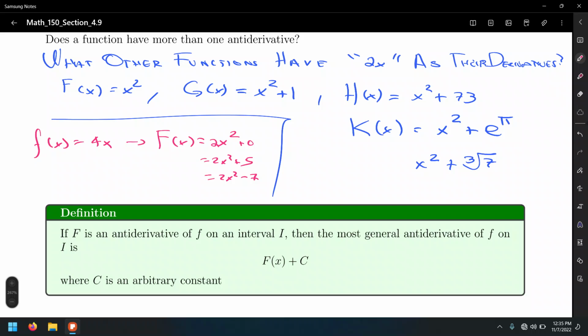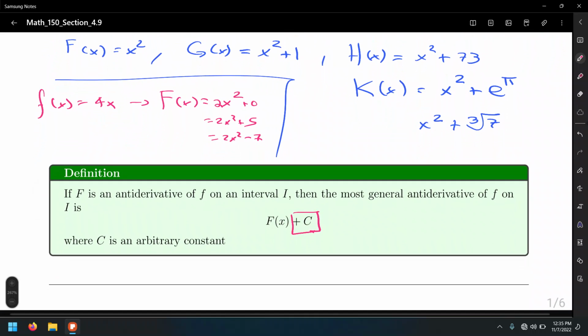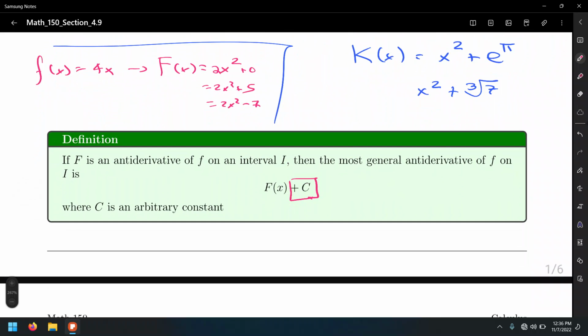No. We need to express this in a generalized way, and that generalized way is to add a plus c to the antiderivative, which is an arbitrary constant, and that constant is to be determined. We will do that later, but in the meantime, let's work with finding antiderivatives.